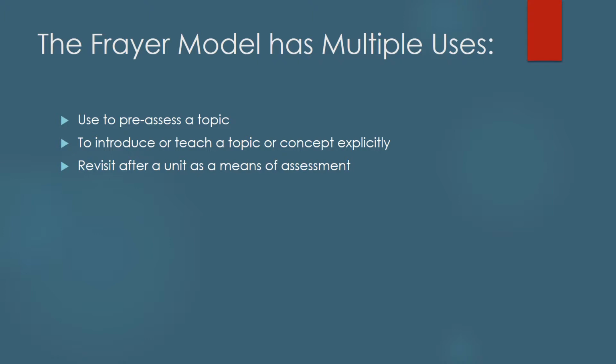Another way teachers use the Frayer model is to go back and revisit a previously completed Frayer model after a unit has been taught as a means of assessment. They can revisit by refining their Frayer model, adding to the Frayer model after the unit.